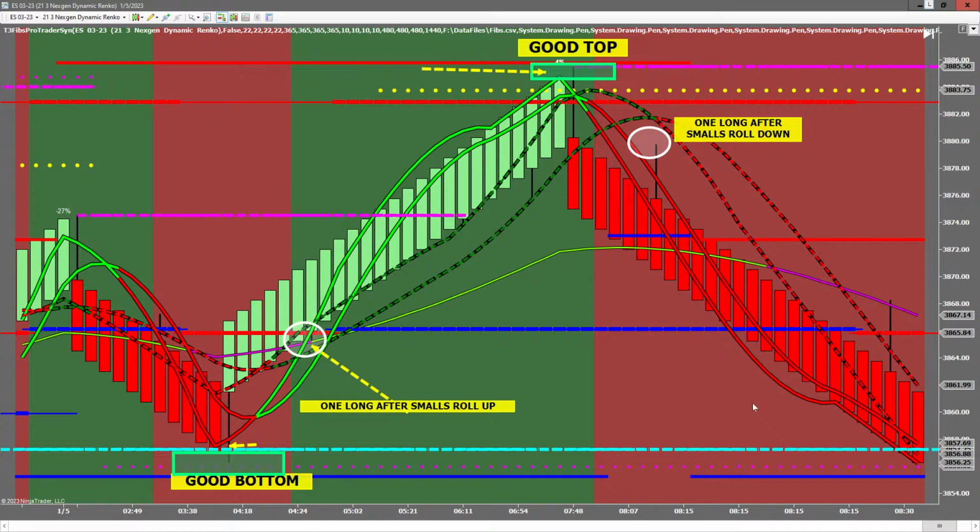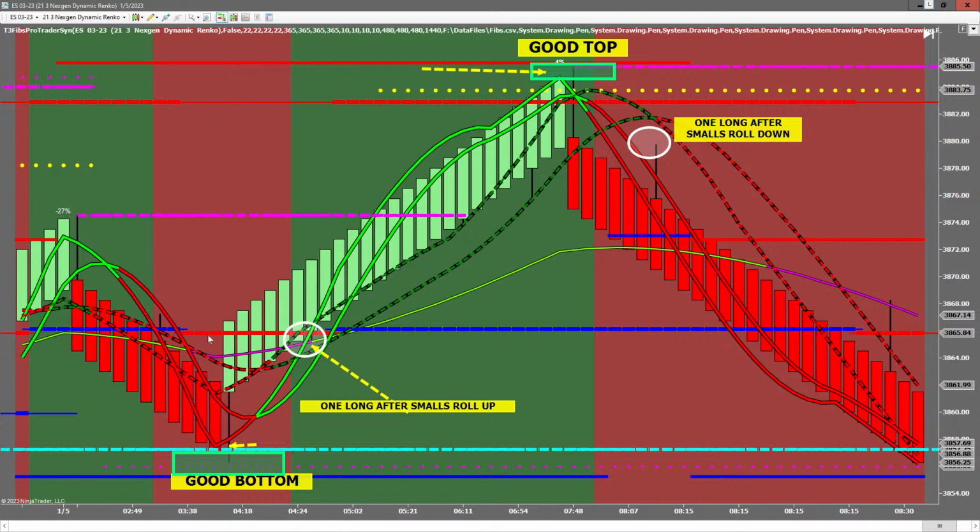Just on one contract. You can trade 100 contracts if you really want, but just one contract. What's your number? Okay, so on one contract, you want to make 500 bucks. Let's just say 500, round number.